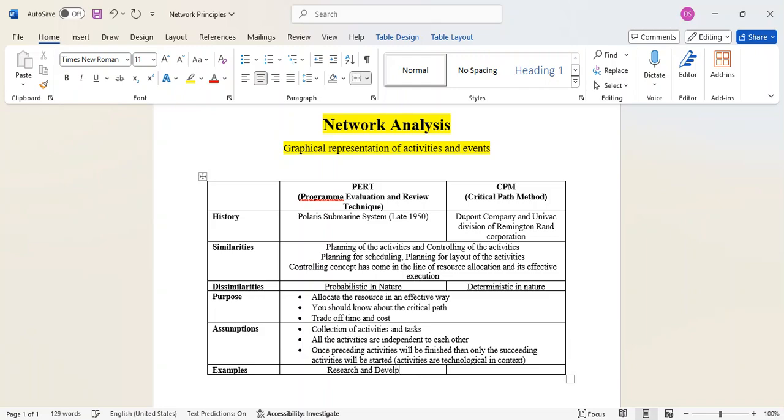When you find this term among the four choices in your exam, and research and development type of questions come, you tick on PERT. CPM is always found in construction work.